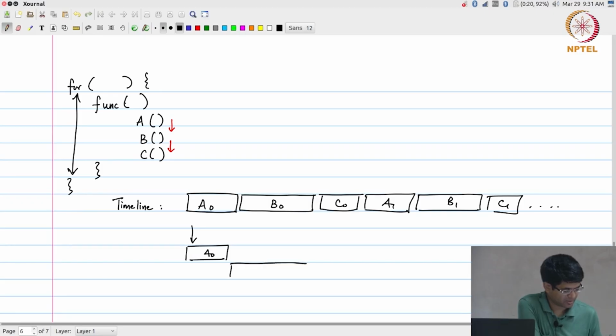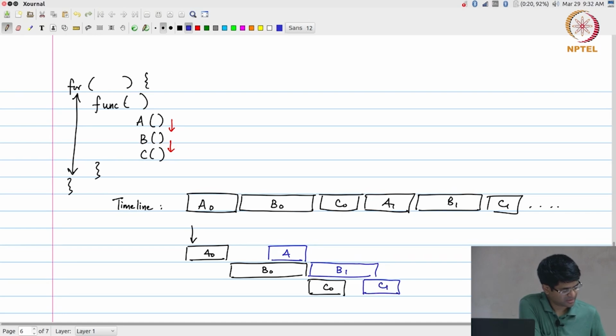A0, B0, C0, right, and A1, B1, C1, A2, B2, C2 and so on.